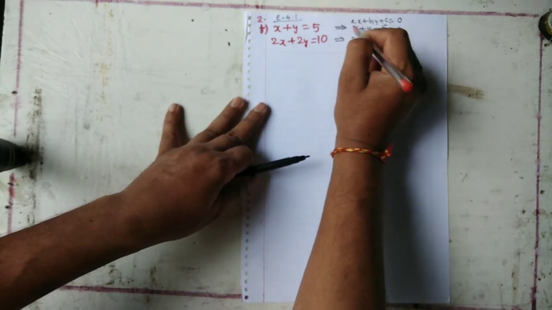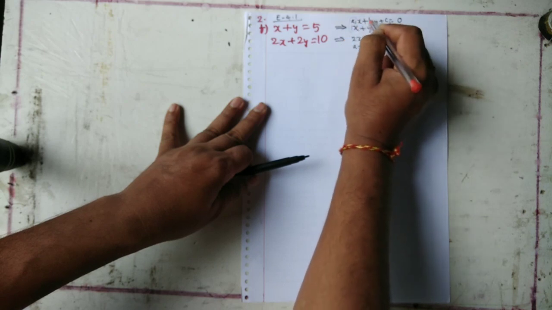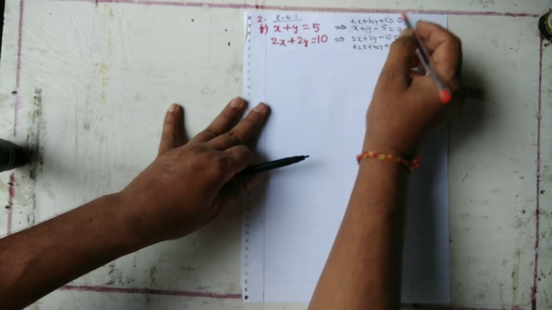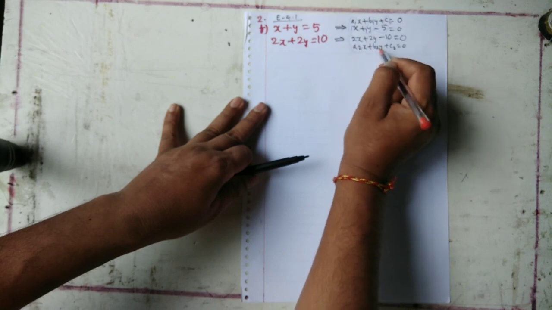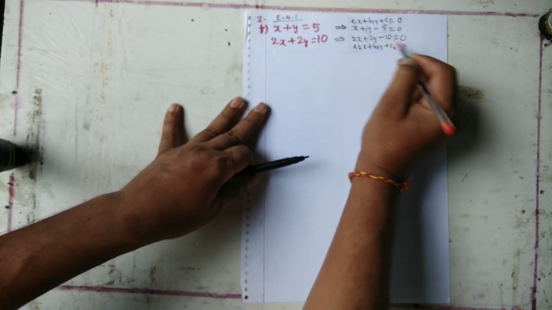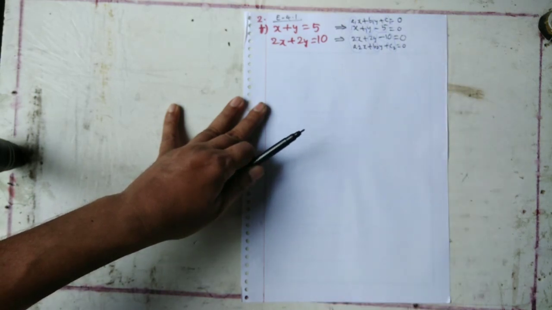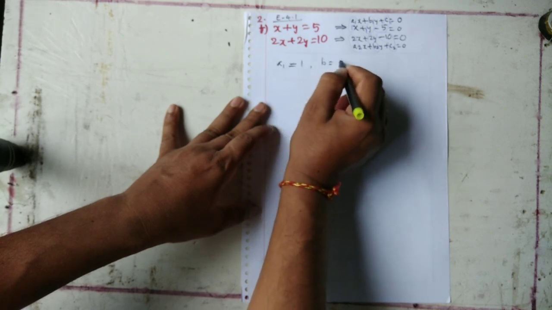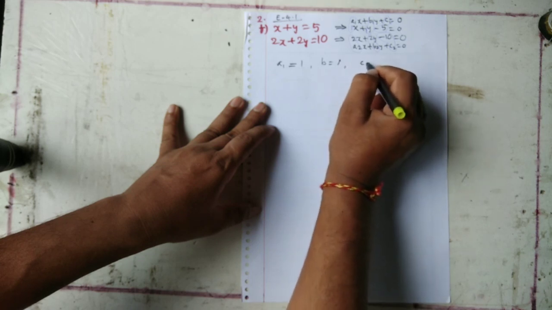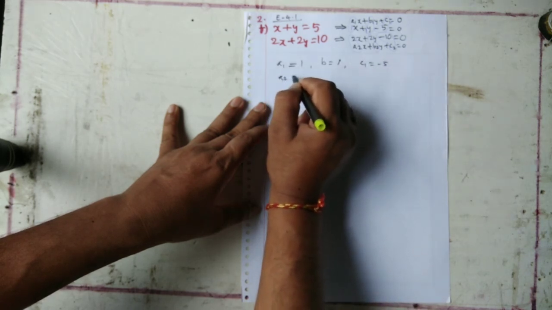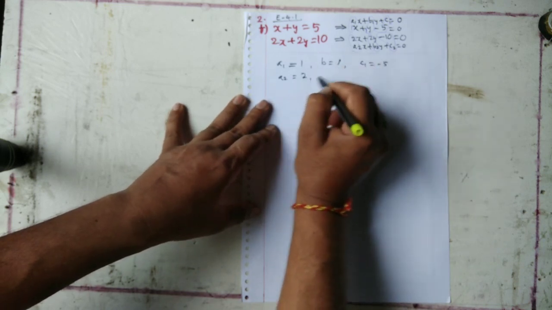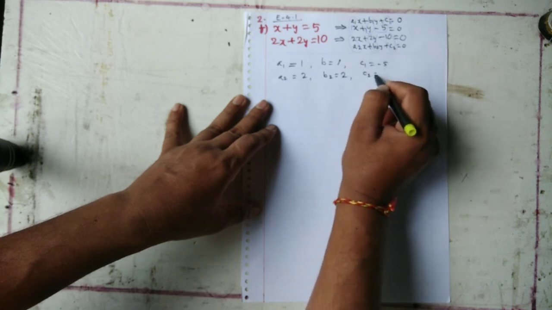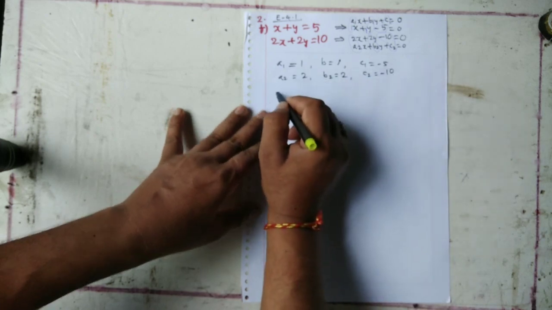We have a1 is equal to 1, b1 is equal to 1, c1 is equal to minus 5, a2 is equal to 2, b2 is equal to 2, c2 is equal to minus 10.